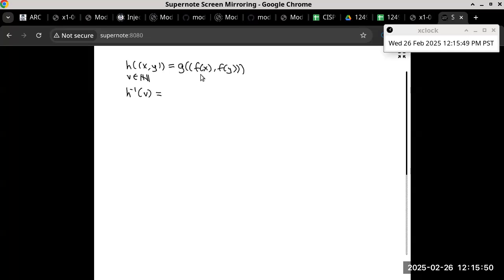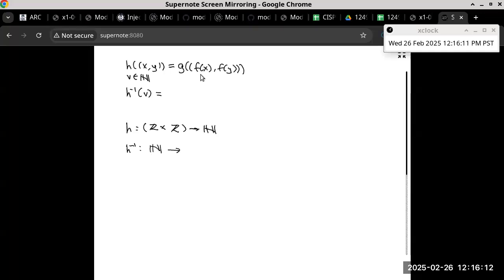Okay, so look at it from the other perspective. H is a function that maps from the Cartesian product of integers to natural numbers. It maps backwards, right? That's all it does. So H inverse is going to map exactly in the backward way.